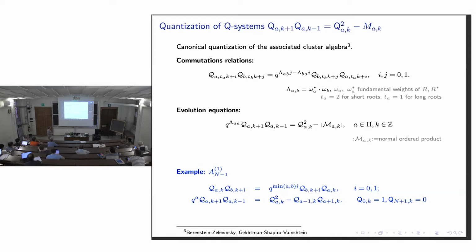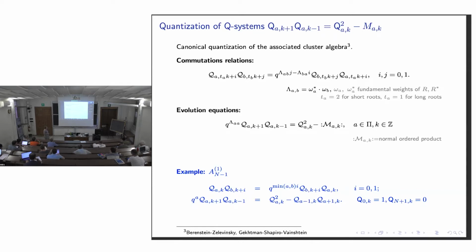And then the evolution equations look almost the same, except that this monomial might consist of non-commuting variables. And so in that case, you should consider them in a normal ordered way. So it looks exactly the same, except there's a factor of Q here, and there's a normal ordering here, which just means an overall factor of Q. So in type A, this is all you have to know.